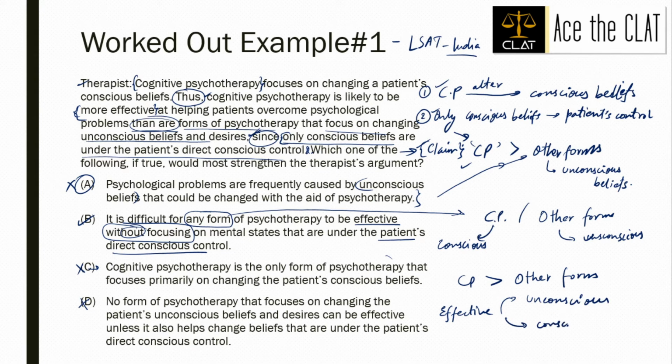Well, this is okay when this choice says it should focus on conscious, but when it says it should focus on unconscious as well, it is indirectly supporting other forms of psychotherapy which does focus on unconscious beliefs, and we know that anything that supports the opposition of cognitive psychotherapy would not be strengthening the argument, and hence would not be our correct answer, right? So we clearly have our winner here, and that option is option B.